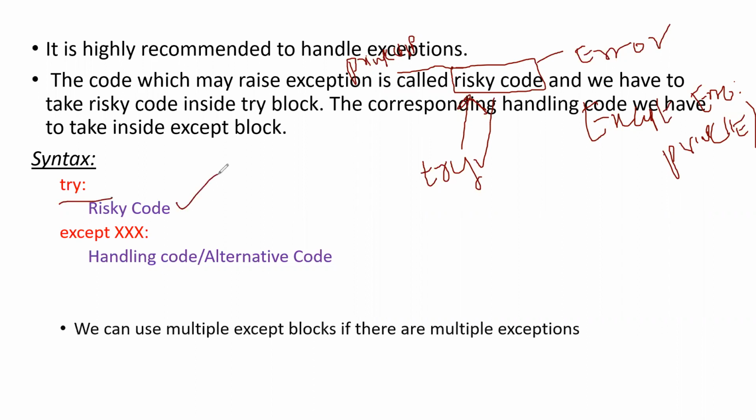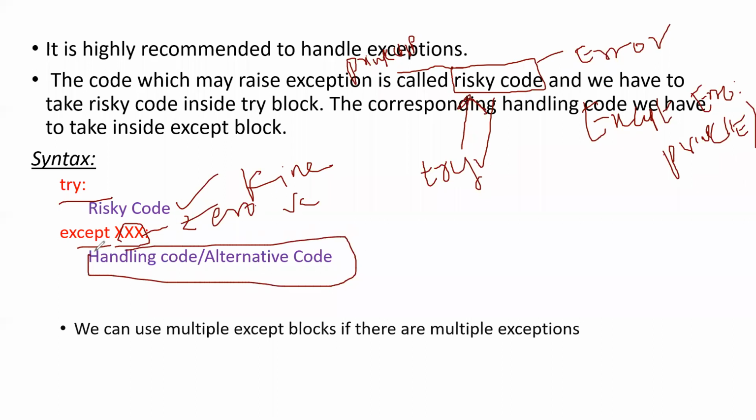Try the risky code. If it is normal execution, then fine, no problem. If it is throwing an error, then except. It reflects nothing but the error, like ZeroDivisionError, ValueError, like that. Then print the alternate statements.